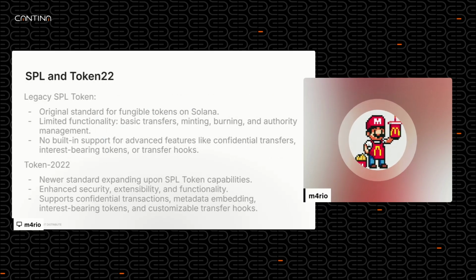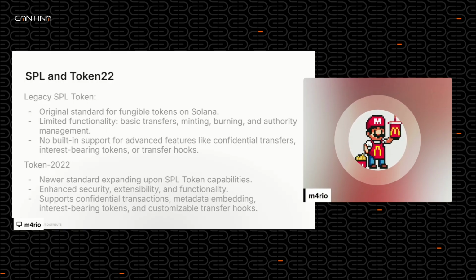First, the token program was called SPL. This SPL is now the legacy SPL token. Why is that? Because this was just the original standard for fungible tokens on Solana, right? It had quite limited functionality, like basic transfers, limited but very useful, minting, burning, authority management, and so on.